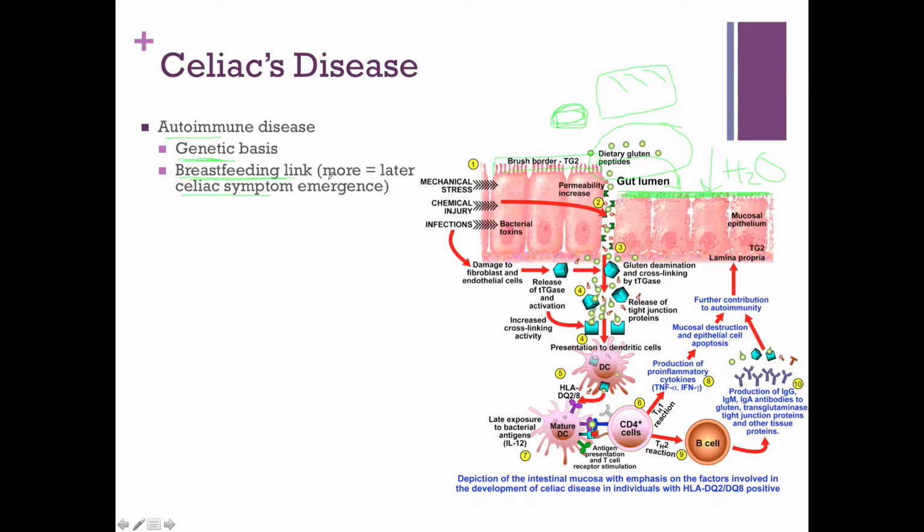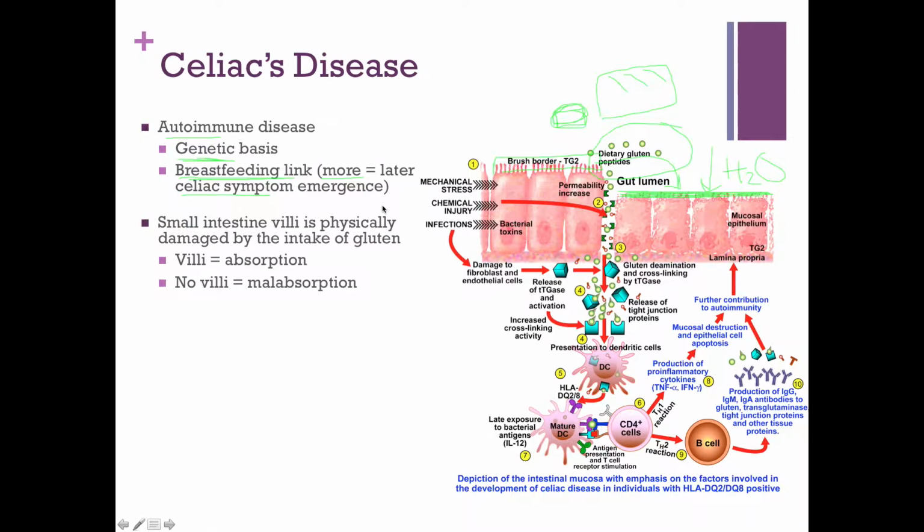So that's why it says more equals later symptom emergence. So the longer they were breastfed, the longer they were symptom-free. So it didn't discourage them from developing it. It just put off the amount of time they had to live with it. So again, the main lesion here is that the villi are destroyed in this immune cell reaction. It's a product of malabsorption.